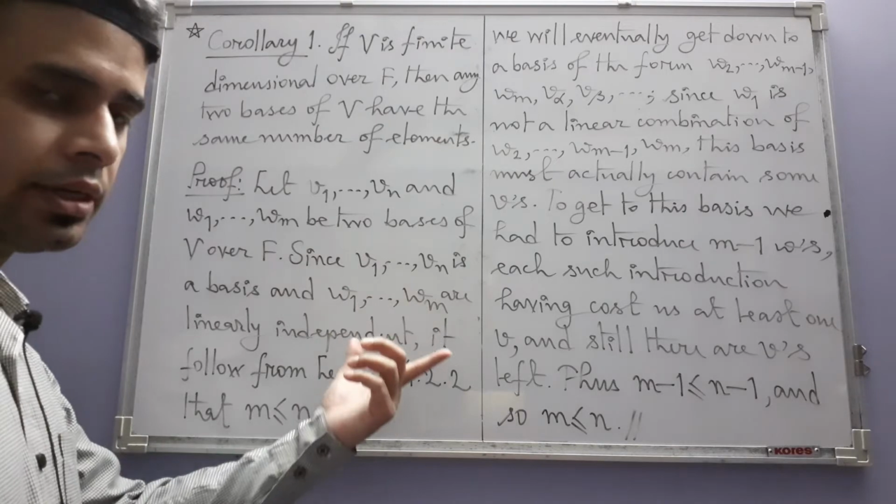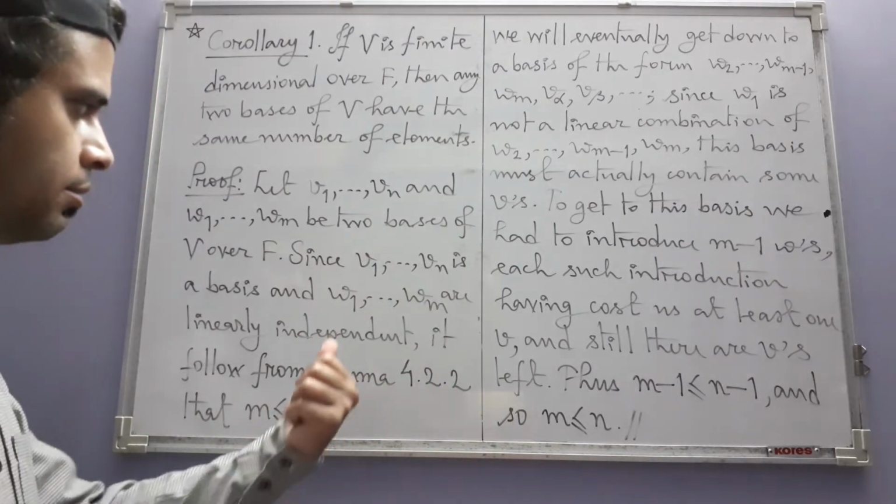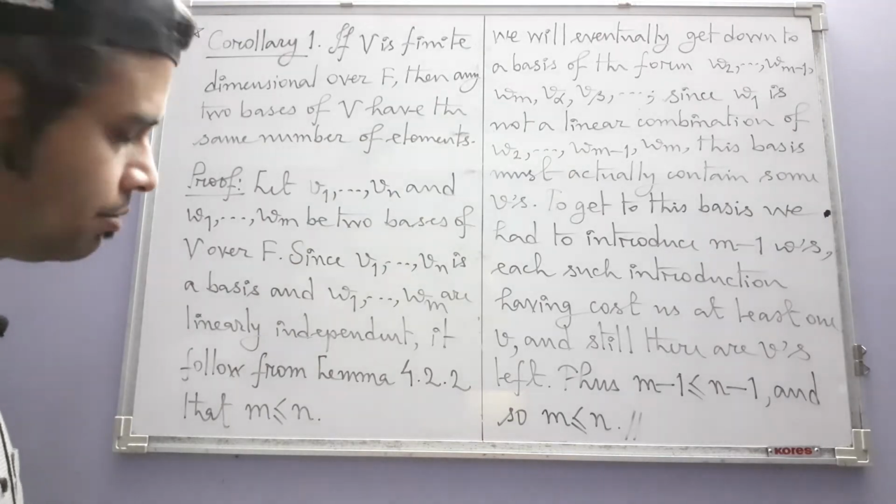The number of linearly independent vectors cannot exceed the number of elements in a basis.